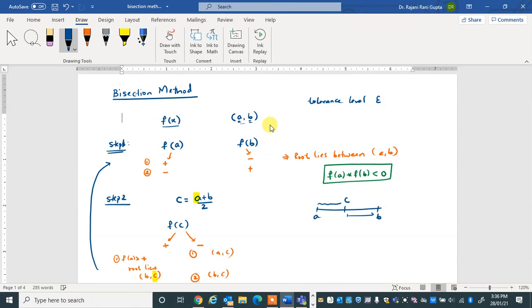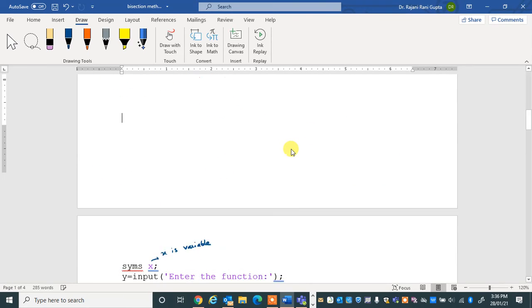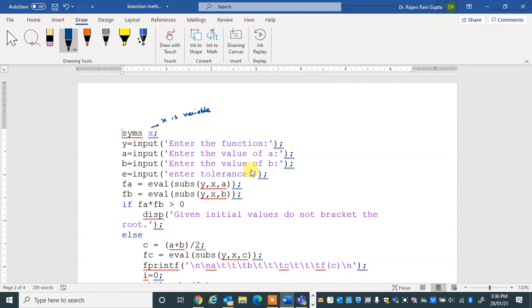We denote it by epsilon, and sometimes we can also use E. So in this statement, you enter the function f of x, and that value gets stored in the variable y. Similarly, the value of A gets stored in A, the value of B gets stored in B, and to enter the tolerance we used the notation E.